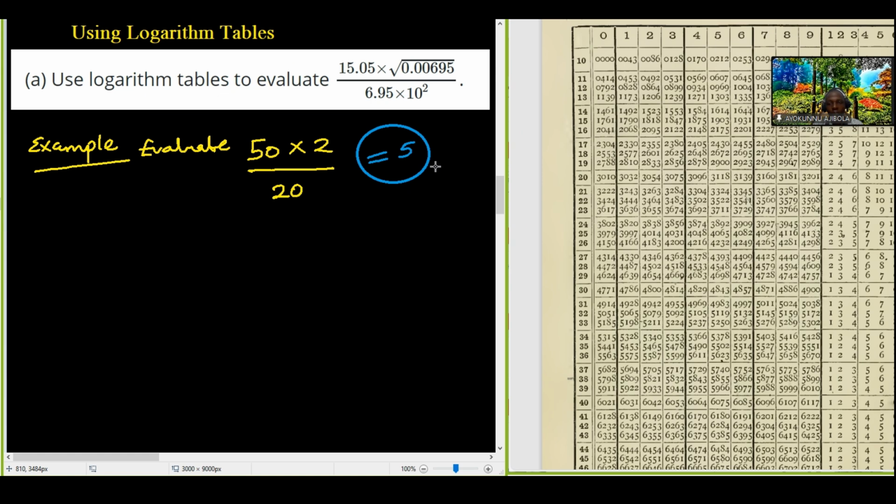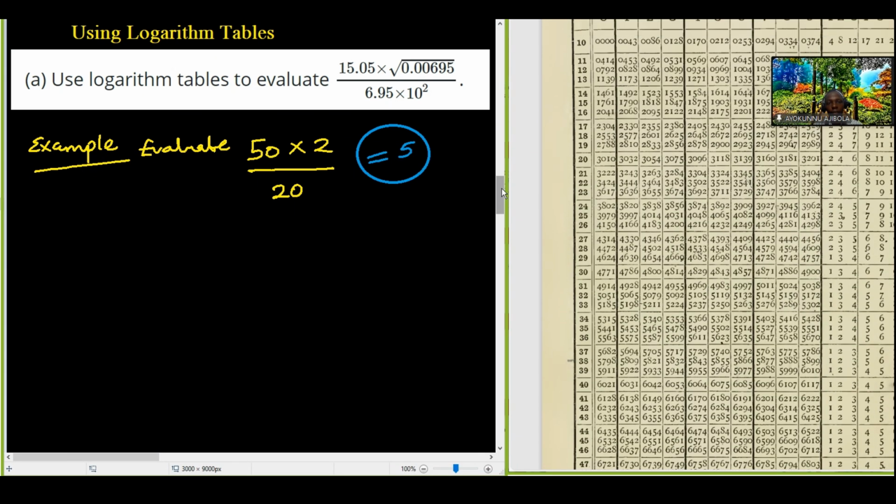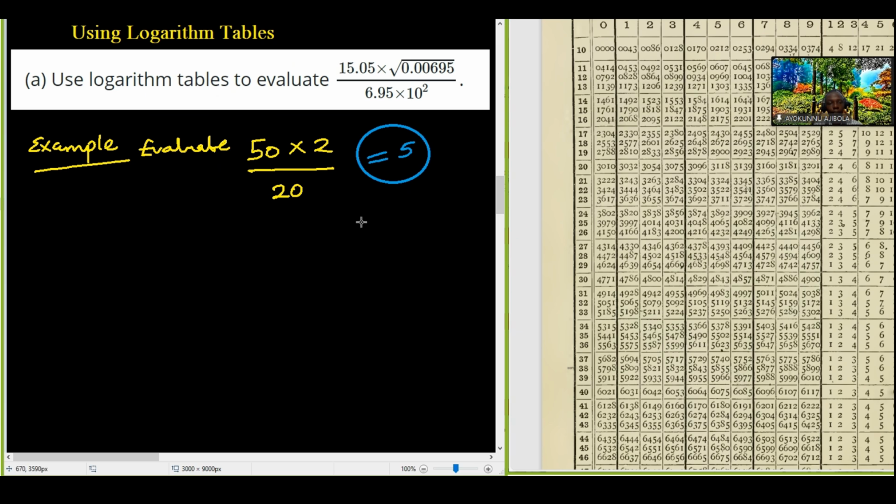Let me ask that question again. I said before we look at this particular question, we must explain the rudiments of using this logarithms table. Let me start from what you already know, that at a glance you can even tell your answer.